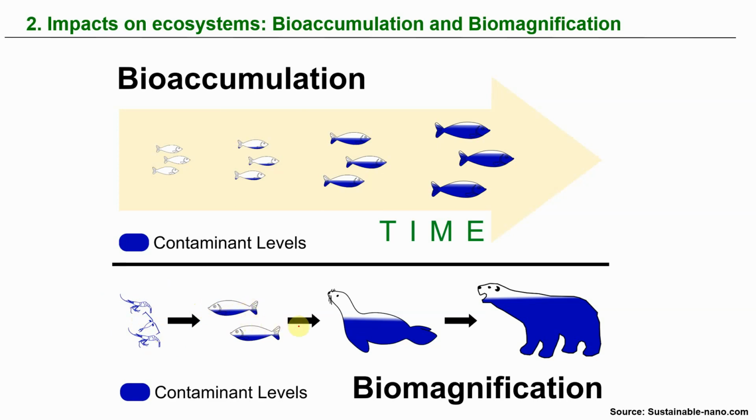When these fish are then eaten by, in this case, a sea lion, all the pollution that's present inside these fish is then transferred into the sea lion. And then when the sea lion is eaten by a polar bear, all of the pollutant that's present inside the sea lion is then put into the polar bear. So what this means is the amount of pollutant is magnified as you move up the food chain.